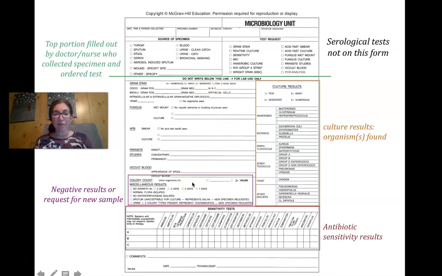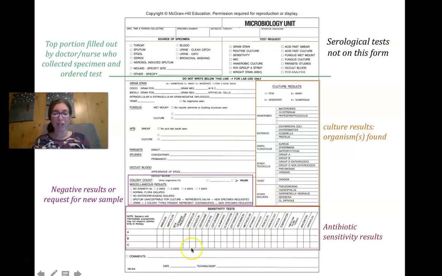They also have some miscellaneous results. So if there's no growth or if they only get normal flora, these are things they'll check off and send back to the doctor and basically say, we might need another sample. This one didn't work out. And then they can also check off any genuses that are positive in the culture results.